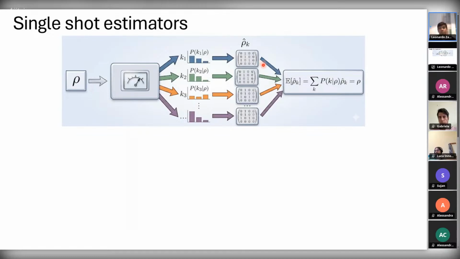The crucial property here is that this estimator is unbiased, and this means that if you take the expectation value of the estimator over the measurement probabilities, the probability of each one of the outcomes, it exactly equals the true underlying state rho.